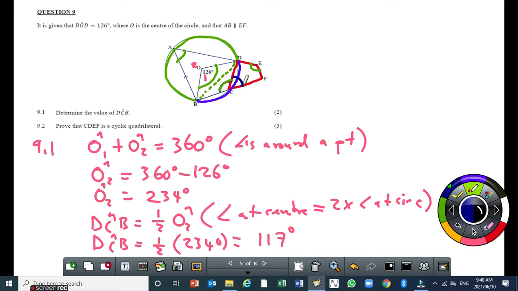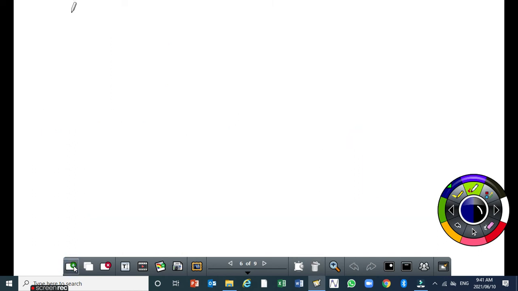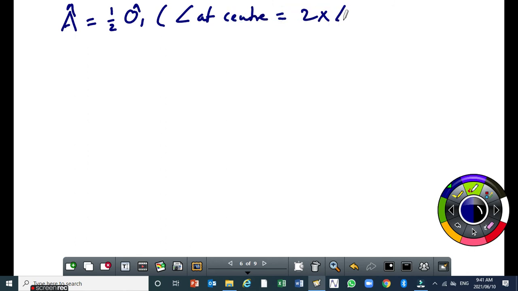So, I already know that I can find this angle here. Angle A and angle E are co-interior. So I'll say angle E plus angle A, and I have to calculate angle A. Angle A is equal to half of O1, and my reason is angle at center is equal to 2 times angle at circumference.